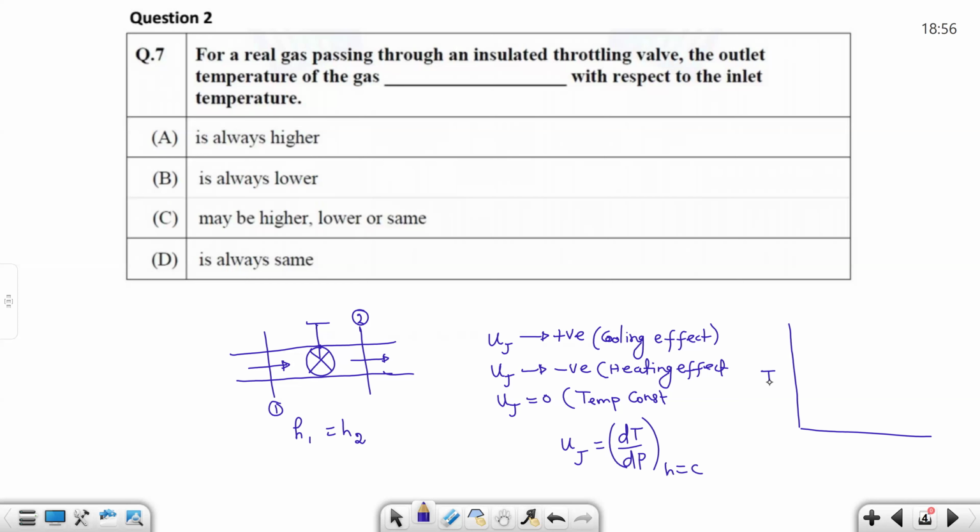So if you take temperature versus pressure, if you draw a constant enthalpy line, it goes something like that. So there will be a curve. So this is the inversion curve. This is constant enthalpy line.